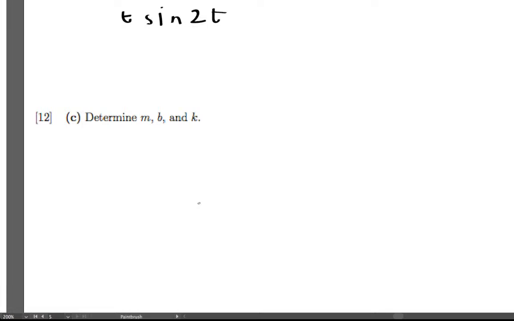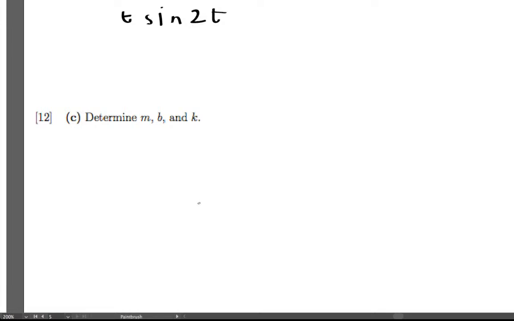plus b over, no, I only care about the cosines. Wait, actually, let's just write them all out. Minus 2mt sine 2t plus b over 2 sine 2t plus bt cosine 2t plus k over 2 t sine 2t.